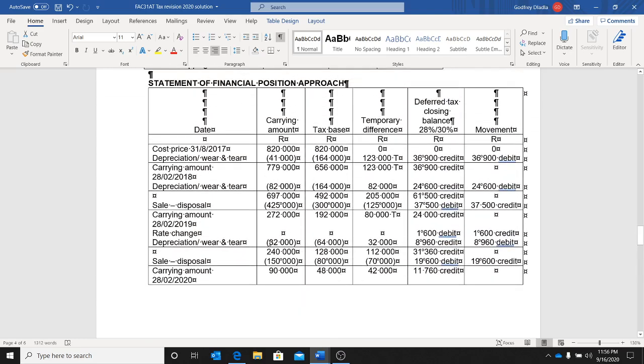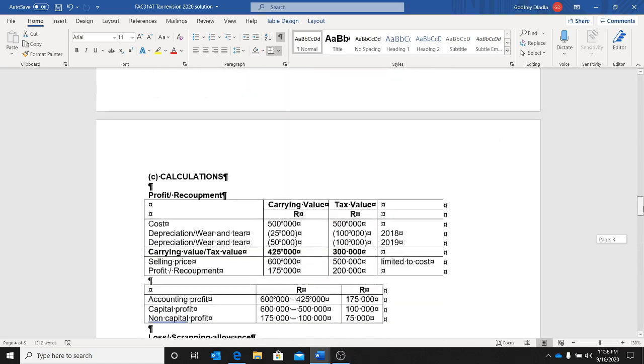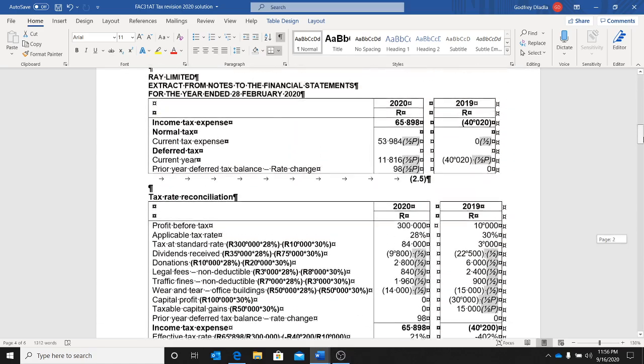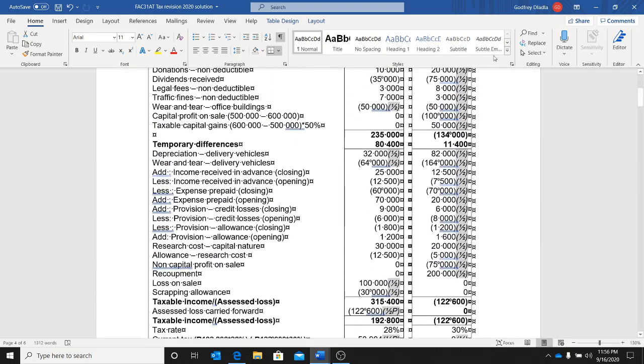That movement here, this line item here, and then this line item here, this one here, is represented here, which is the 82 and 164.